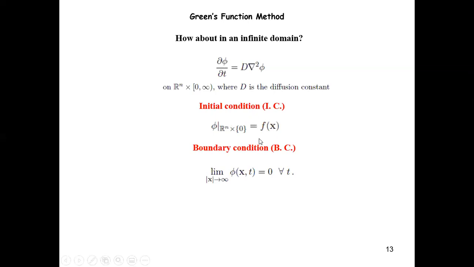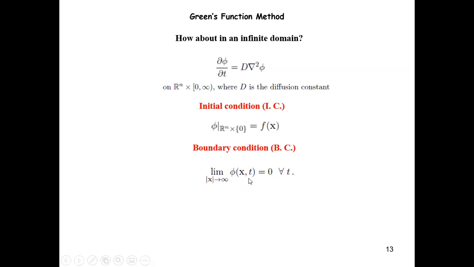And the initial condition is similar. For all values of x, including 0, the initial condition is given as a general function f(x). But the boundary condition, which is different from what we discussed before, is that now we consider an infinitely long bar.